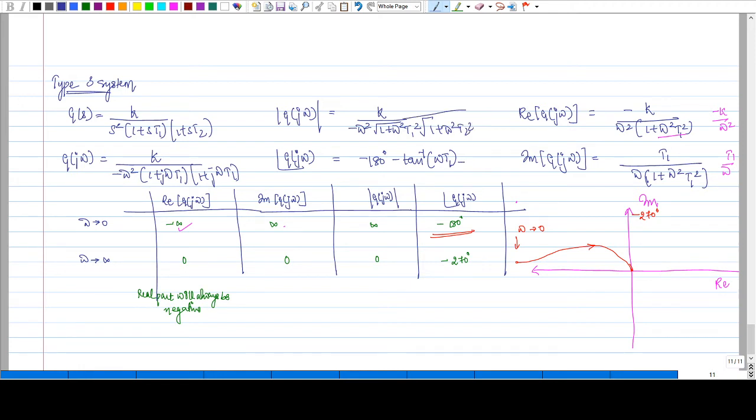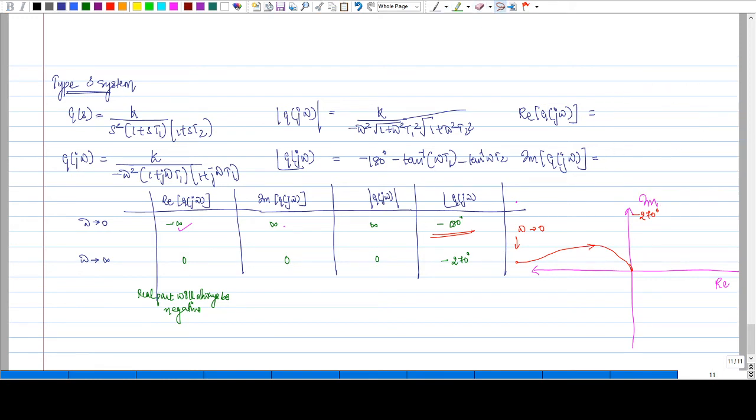This is minus tan inverse omega T2. Now your real and imaginary part will change correspondingly. So we'll see how it changes.